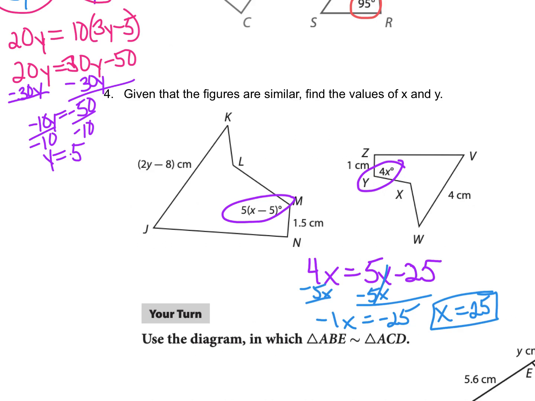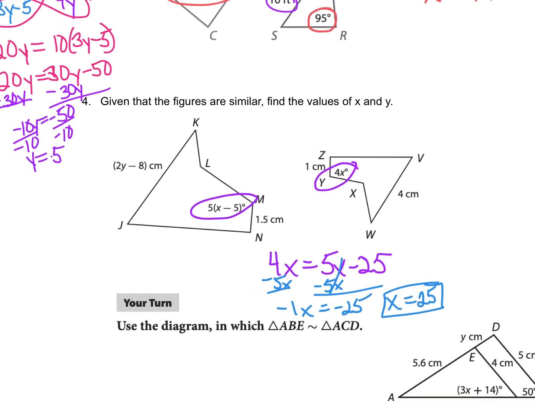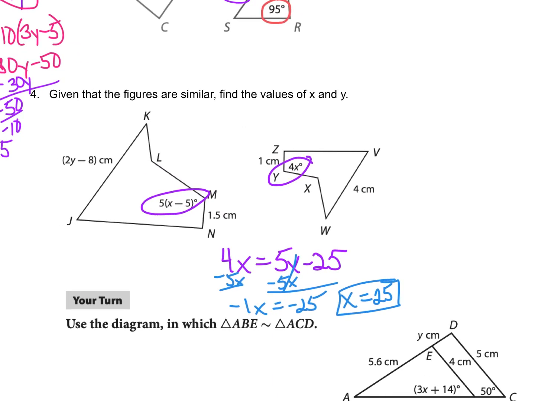Okay, so now the sides. Let's see, this side goes to this side, so I'm going to write that 1 over 1.5 equals, now I put 1 on top, so this has got to go on top, 4 over 2y minus 8.